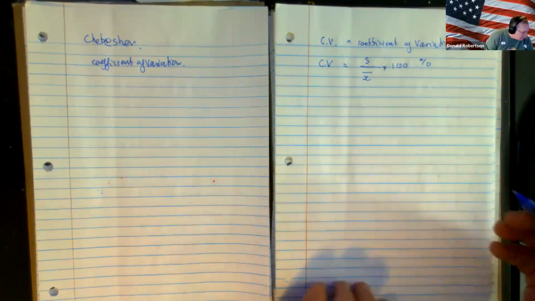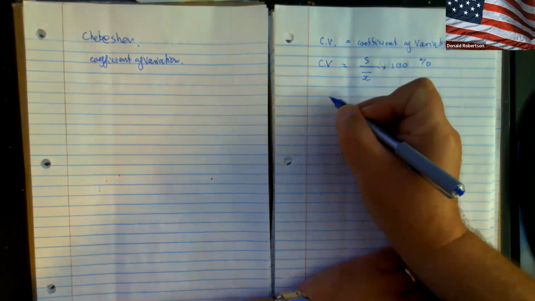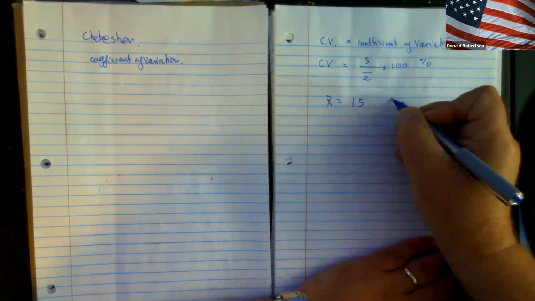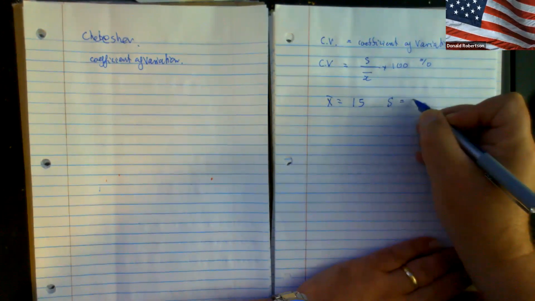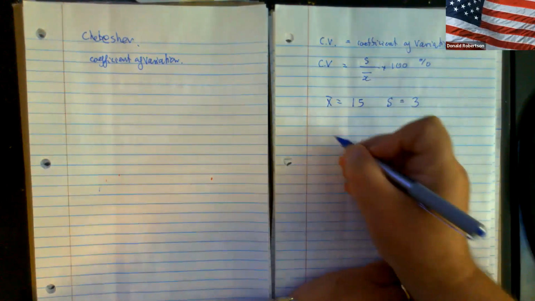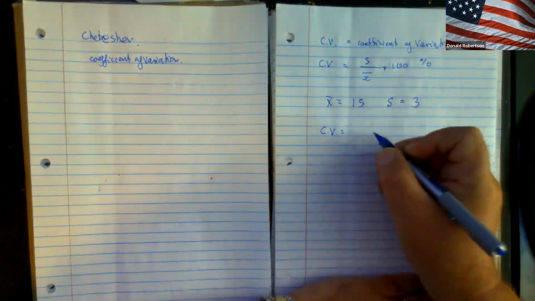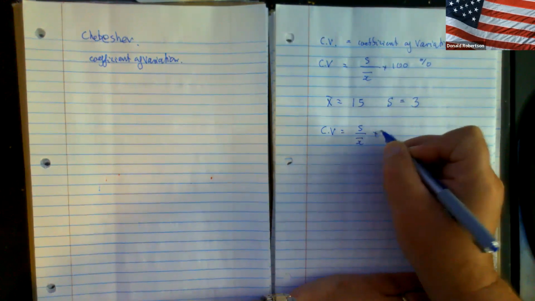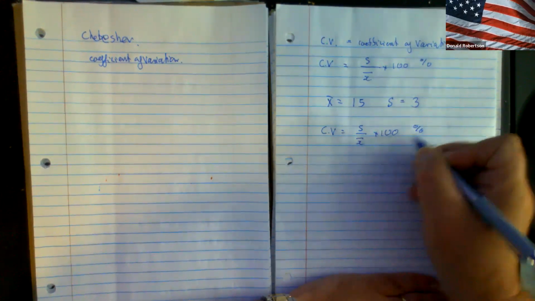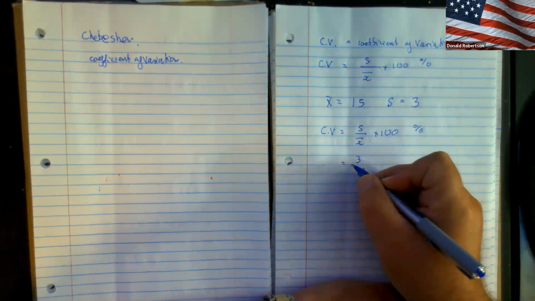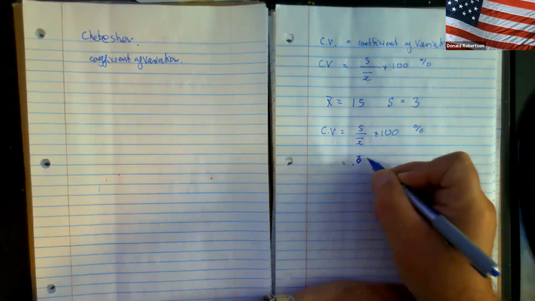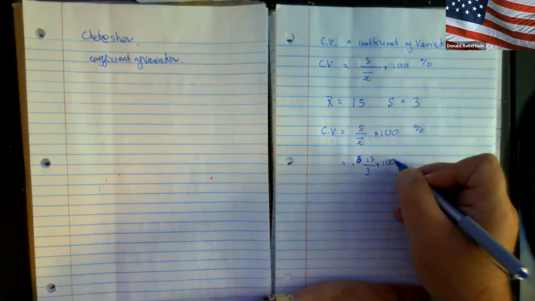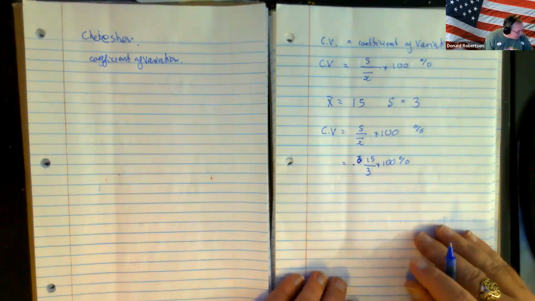So if you know that the mean of your data was, say, 15, and that the standard deviation was, say, 3, then the coefficient of variation would be that guy divided by him times 100, which would get you percent.